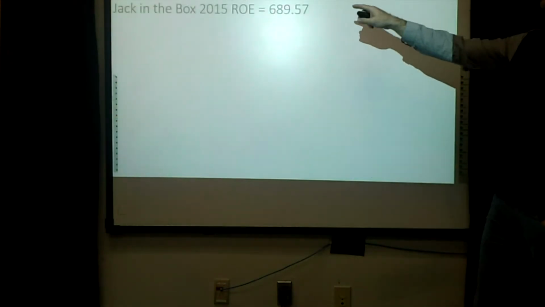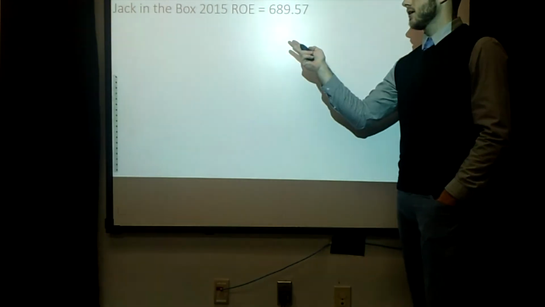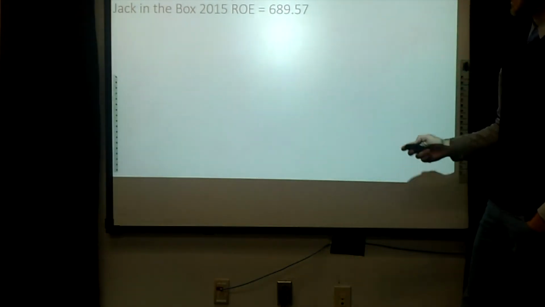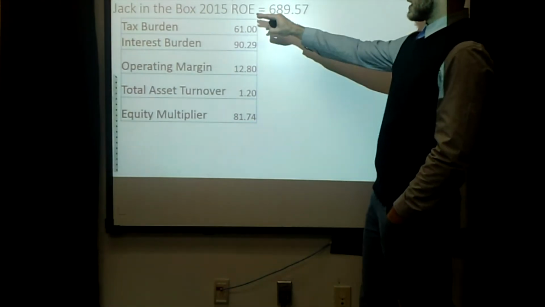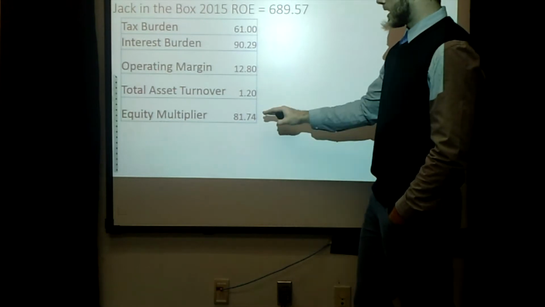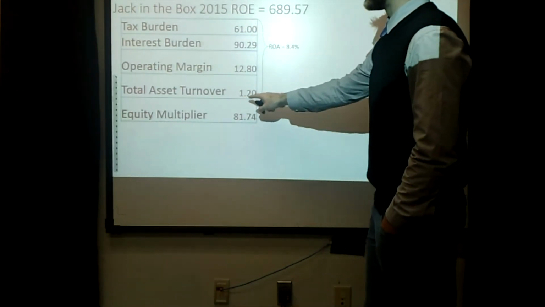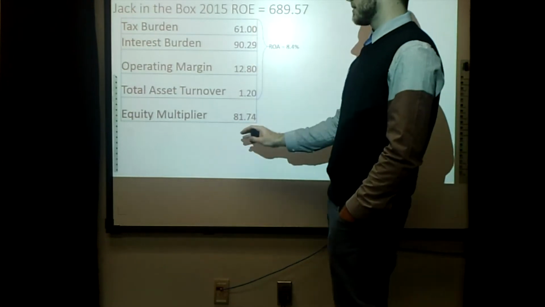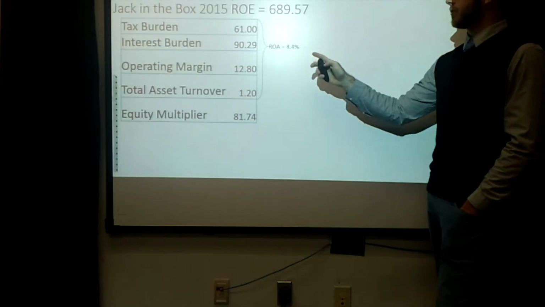So, a closer look. The first thing is Jack in the Box in the year 2015 had a ridiculous ROE, close to 690%. So we break it down into the 5 pieces: the tax burden, then the interest burden, operating margin, total asset turnover, equity multiplier. These 4 pieces right here are known as ROA, and then we multiply ROA times the equity multiplier, and that's how we get our ROE. So this ROA is 8.4%.